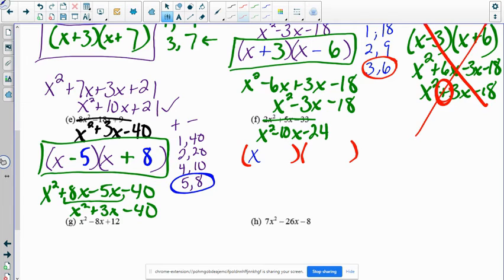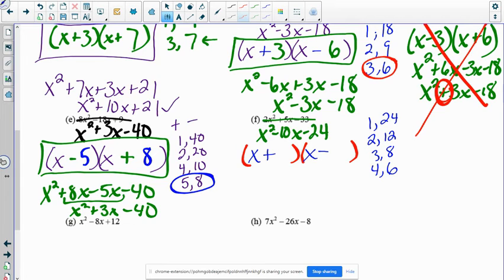All right, I'm going to put in an X and an X. And now I need factors of 24, and there's a lot of them for 24. 4 and 6, and I think I've got them all. So now I need to have a positive and a negative, a positive and a negative.